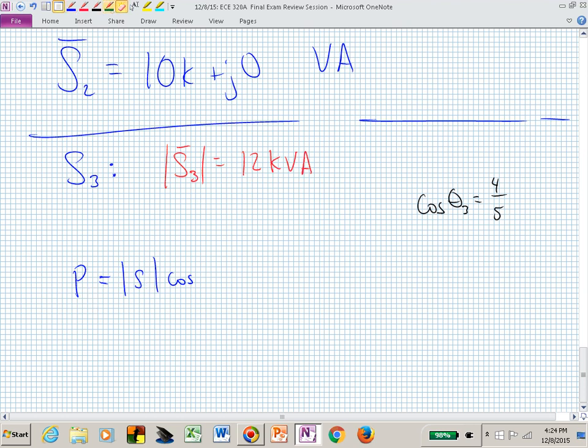This is P sub 3, this is S sub 3 cosine of theta sub 3. This is now 12K times 4/5, or that ends up being, if I've done the math right, 9,600 watts.